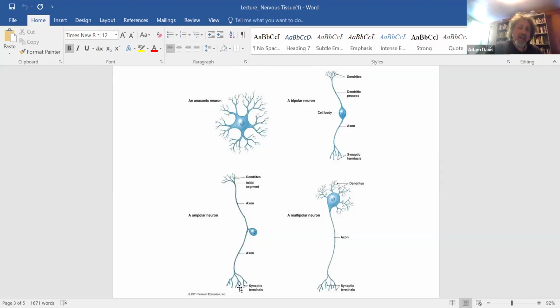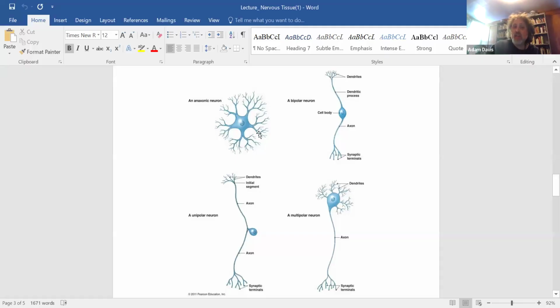And then last but not least, you're going to find this type of neuron right here, the anaxonic neuron. The prefix an- means without. Anaxonic neurons are exclusively found in the central nervous system. Anaxonic neurons, as the name suggests, lack axons altogether.